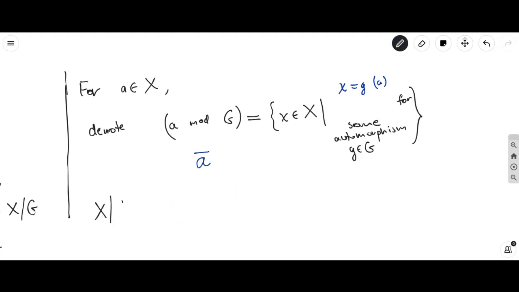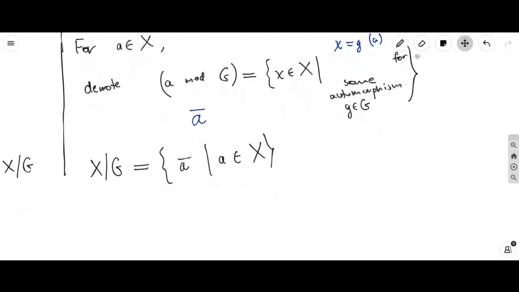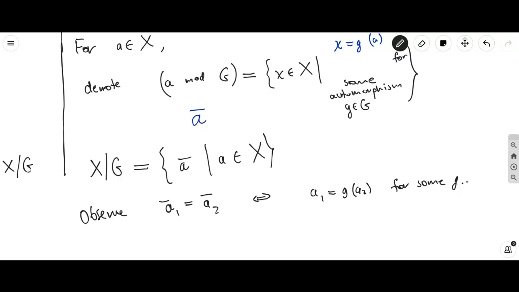And then X mod G would be the set of classes of A, where A is in the original space. And then you observe that if you have A1 and A2, then they give you the same class if and only if, let's say, A1 is G of A2 for some G. And you can, of course, move the G over to the other side if you really wanted to.